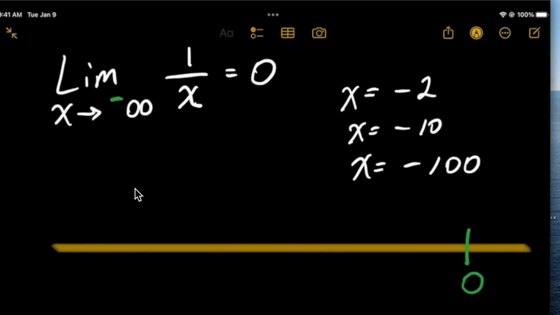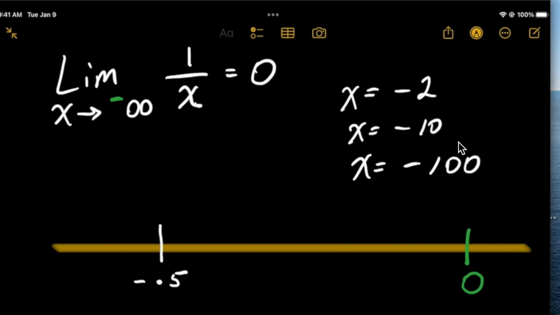Next, we're going to look at the same bottom-heavy function with x going towards negative infinity. And I think we'll all agree that as we move in this sequence, starting at -2, then -10, -100, we'll be trending towards negative infinity. If we plug in -2 here, that's going to be -1/2, otherwise known as -0.5.